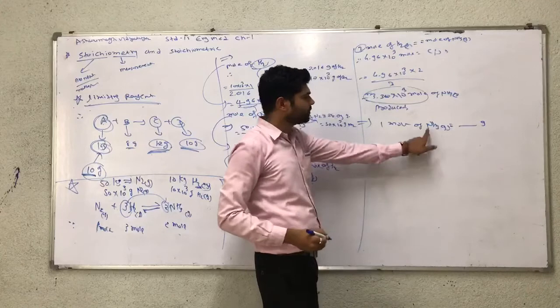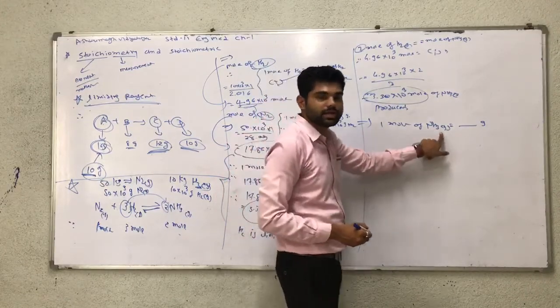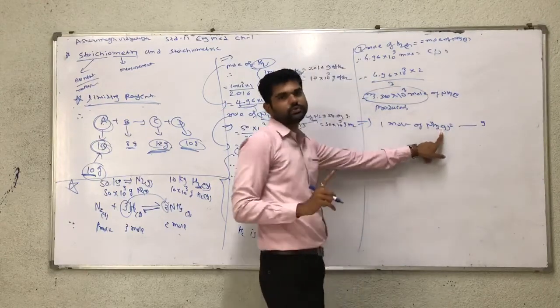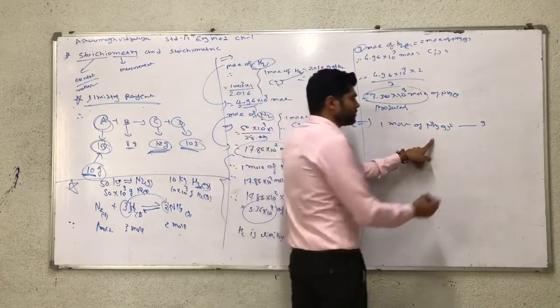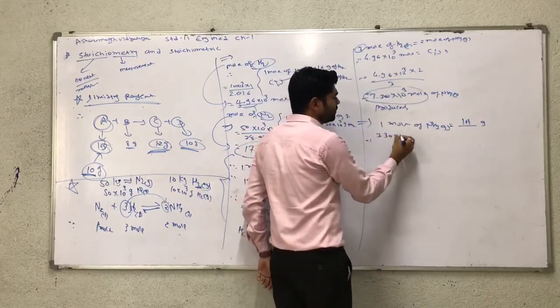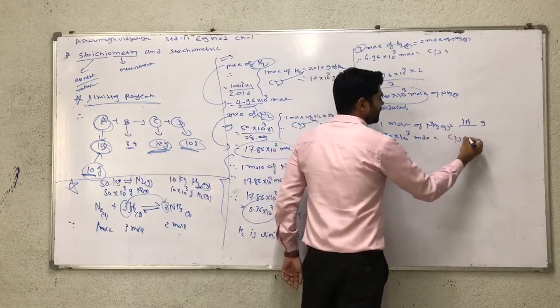N has atomic mass 14 and hydrogen has 1; with 3 hydrogens, 3 into 1 plus 14, so the answer is 17.